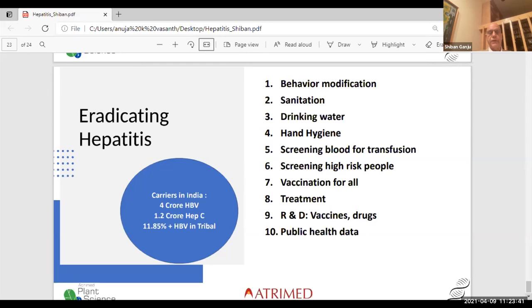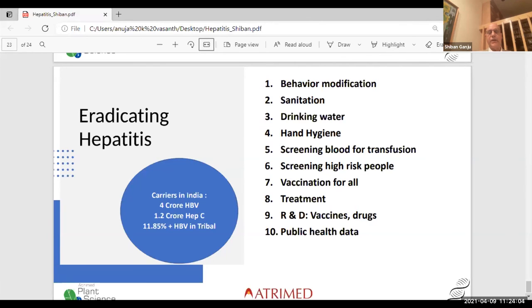We come to this number 10 point recently in COVID, where they say trace, track, and treat. That should be done for all viruses, all diseases. You nip it in the bud: whenever you find through public health data that there's a possibility, attack that center, eradicate the disease from there, and don't let it spread.